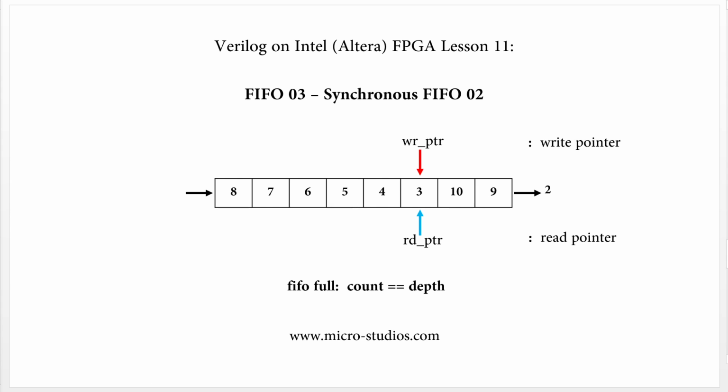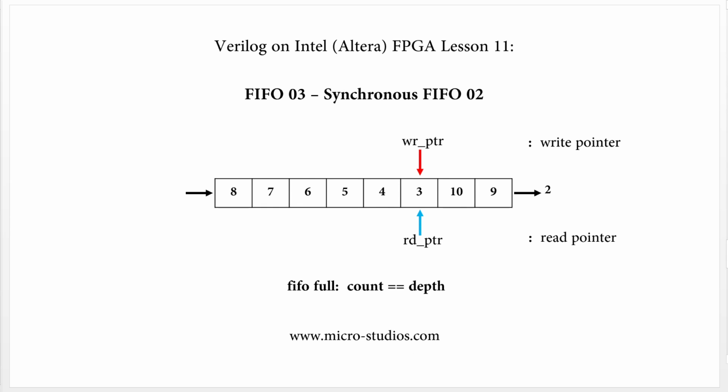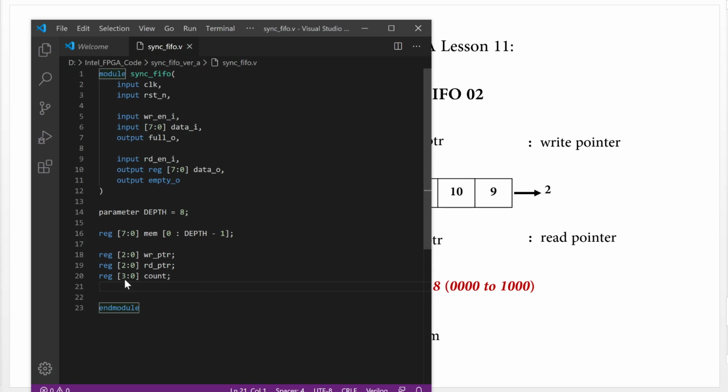We already defined the depth as 8. So the count will go from 0 to 8, and in binary it is from 0000 to 1000, so it is 4 bits. So we define the variable from 3 to 0.